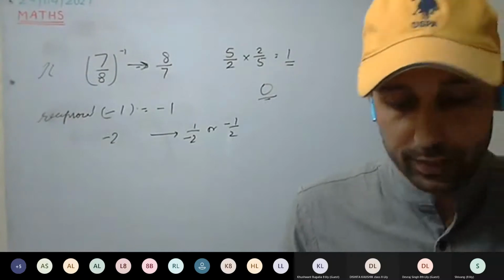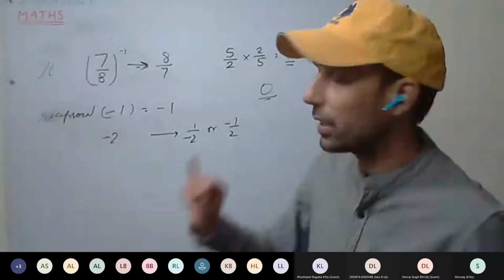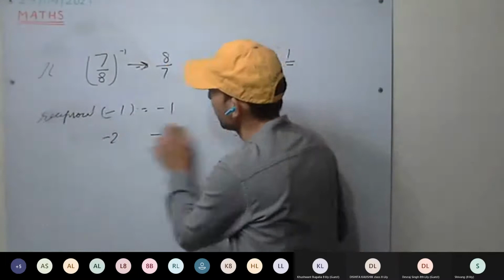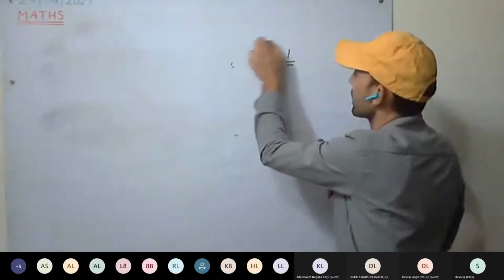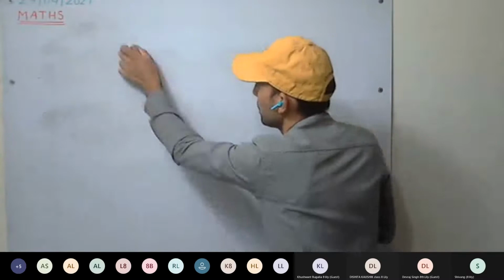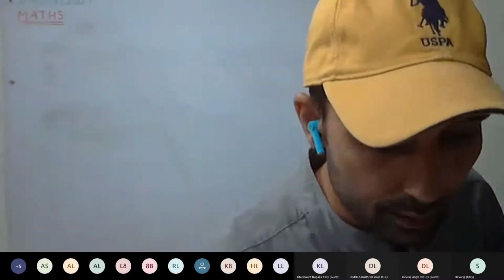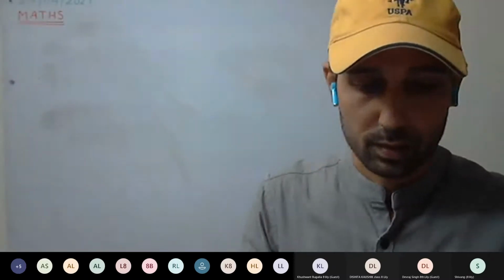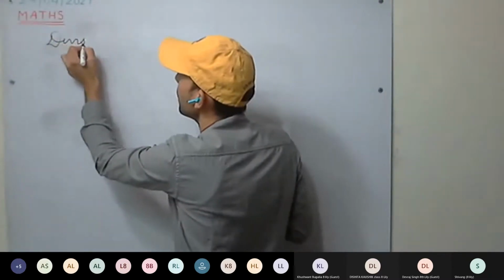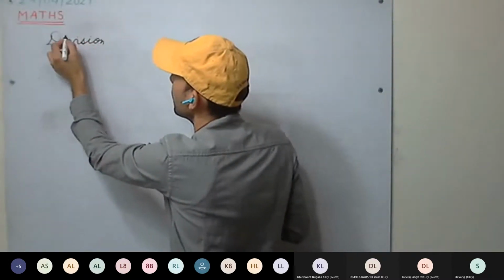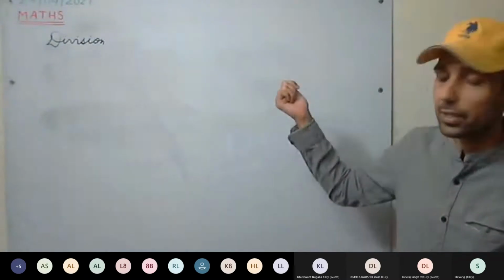Now we can start with division. Till now we have discussed addition, subtraction, and multiplication. Now we will be discussing division. Division of a rational number by another rational number.